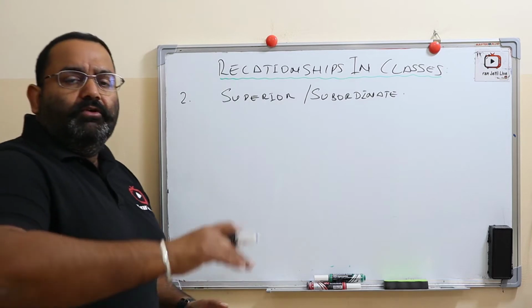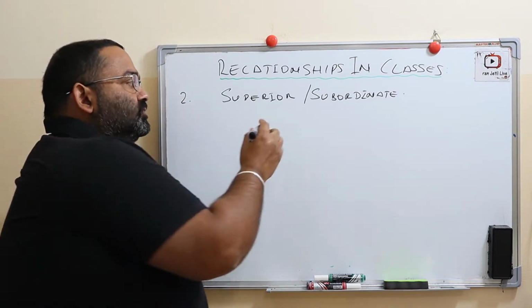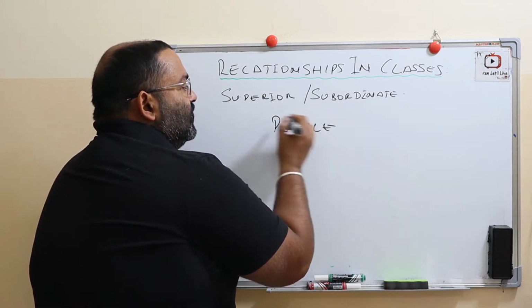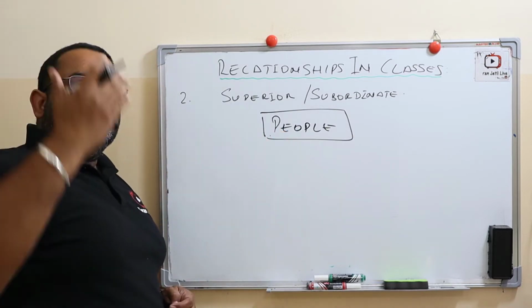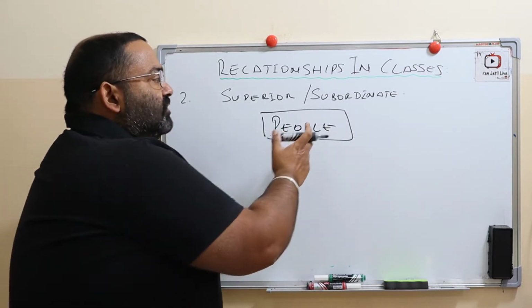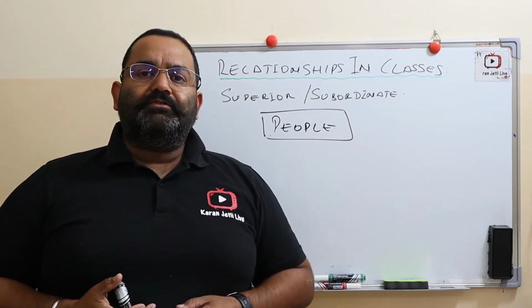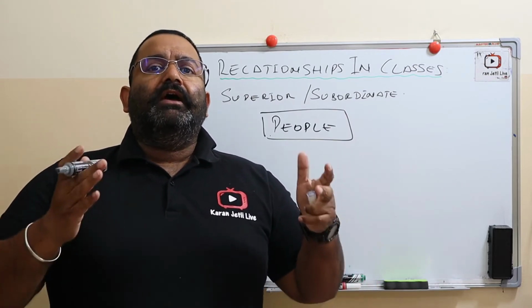For example, we all belong to one super class, one superior class called people. So people is our super class, people are superior class to us, and we all inherit some of the attributes of people. Other than inheriting some of the attributes of people, we can also have our own specialized attributes.